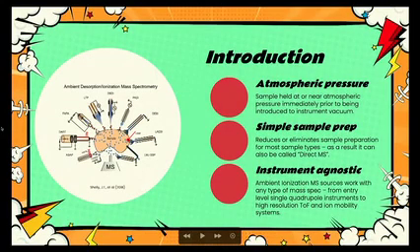So ambient is where the sample is introduced into the instrument under atmospheric pressure or a very minimal level of vacuum. So you don't have this high vacuum condition that would normally exist in a conventional LC or GCMS system.